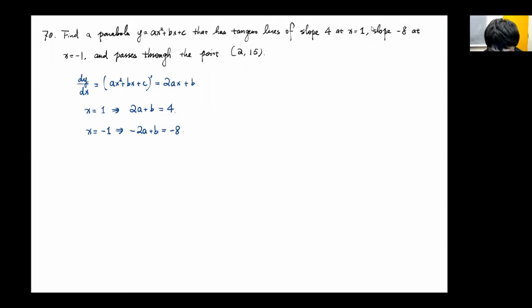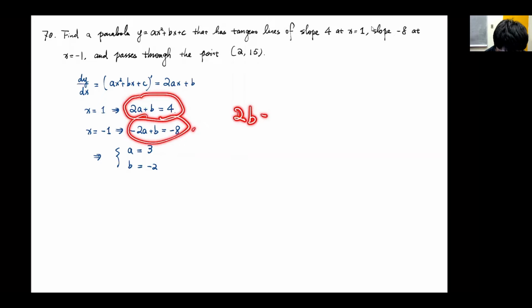From these two equations, it should be very easy for you to solve for a and b. This is a very simple linear system, and what you are supposed to get is b equals -2 and a equals 3. To see this, all you need to do is sum up these two equations. That way you get 2b equals 4 minus 8, which is -4, so b equals -2.